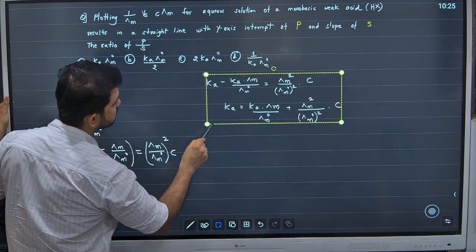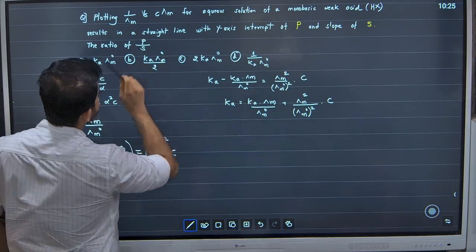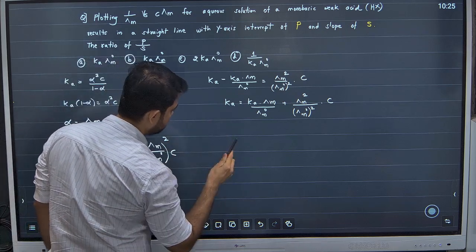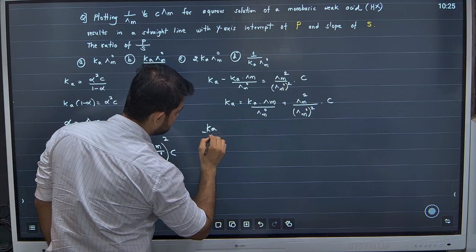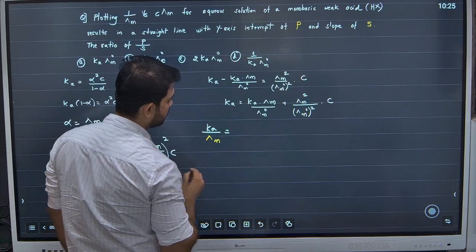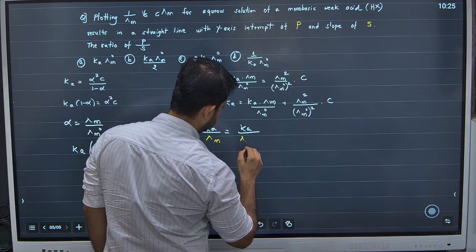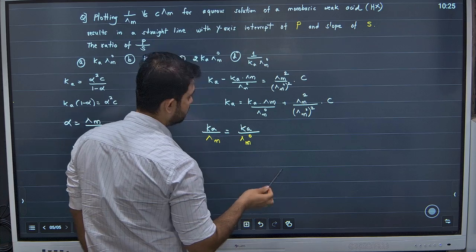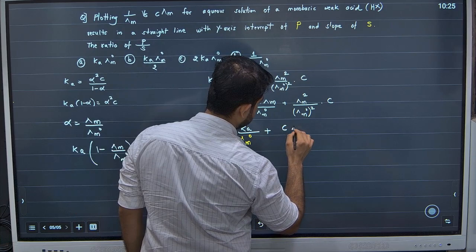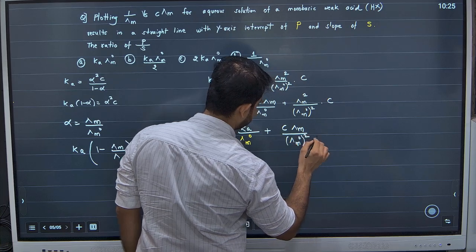Divide by lambda m, since the y axis needs 1 by lambda m. Then dividing by lambda m, what will we get? Ka upon lambda m is equal to Ka by lambda m naught plus C lambda m upon lambda m naught square.